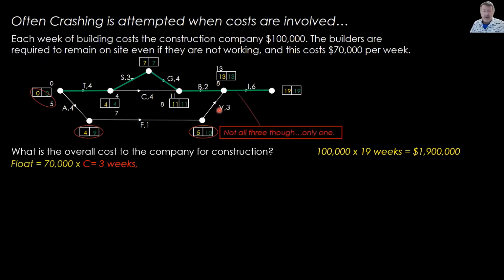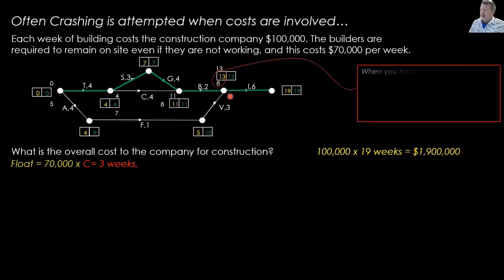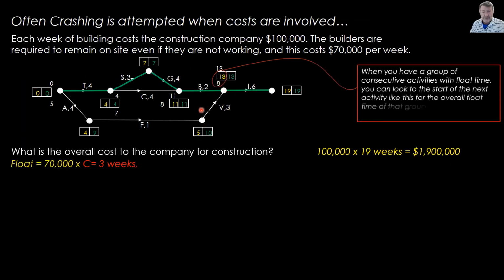Okay, so we can take a little shortcut up here, as you can see. We have the 8 and the 13. So we've got a consecutive run here of 3 activities. So the most we can delay things here are, we've got an earlier start time for the next activity is 13. And sometimes you might see this written as a finish time of 8.